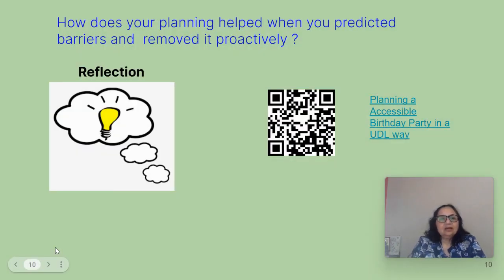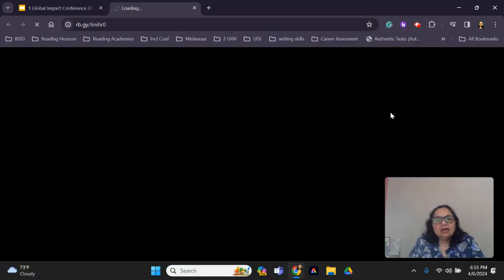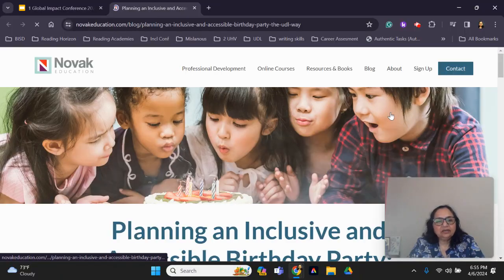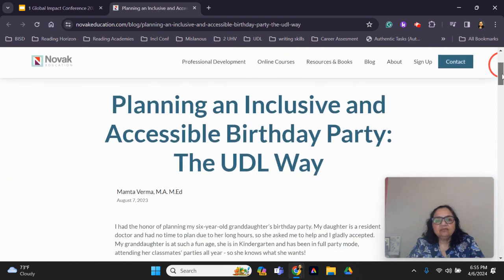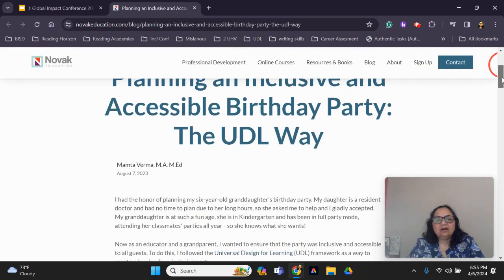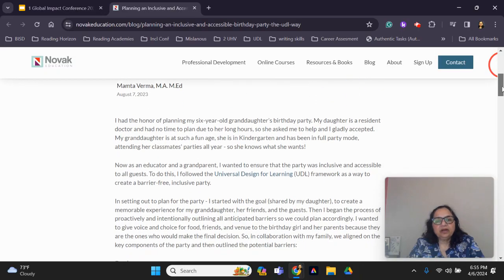Okay, guys. How does your planning help when you predict barriers and remove them proactively? A little reflection. Here, I just want to share an article. I wrote an article, planning an inclusive and accessible birthday party the UDL way, for my granddaughter.